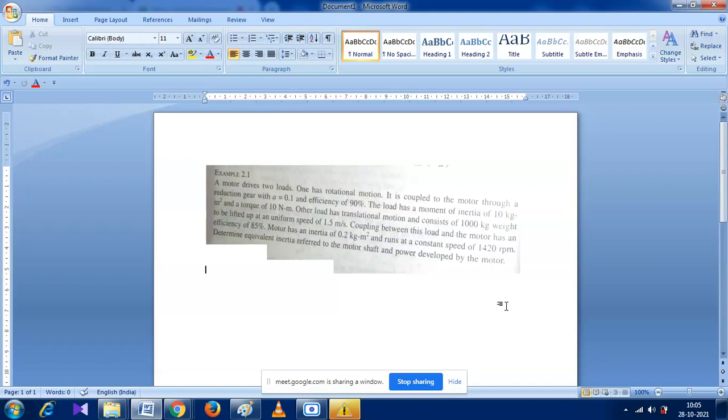So please calculate and tell me what is the value of J and the total power developed by the motor. Based on the previous theory, we have to solve this.